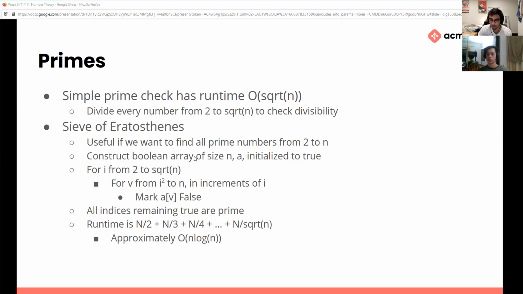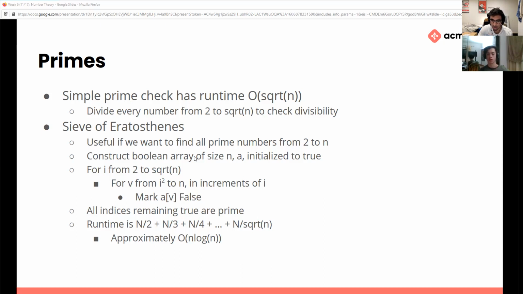I hope that makes sense. If you have a number like 9, 9 is divisible by 3, so when i is 3, we start at 9, and we mark it false.